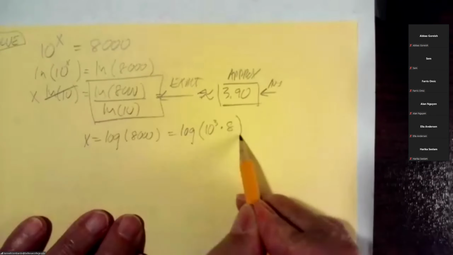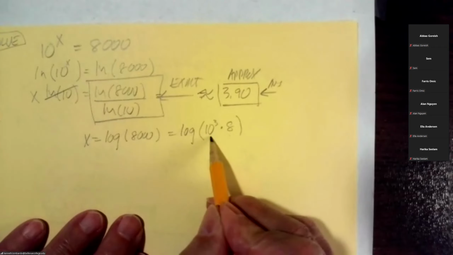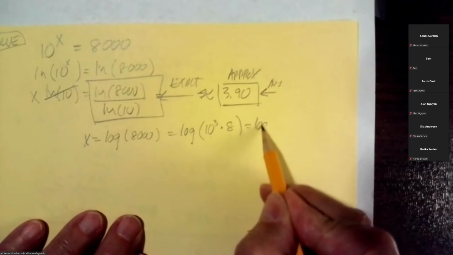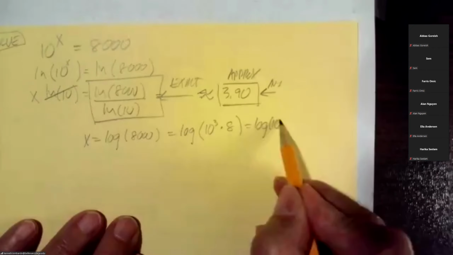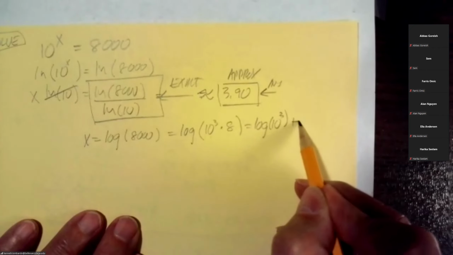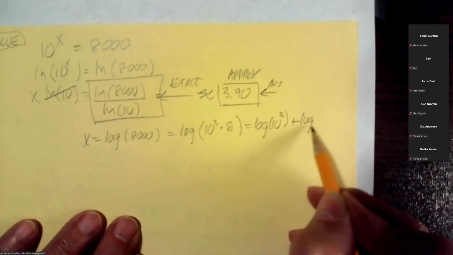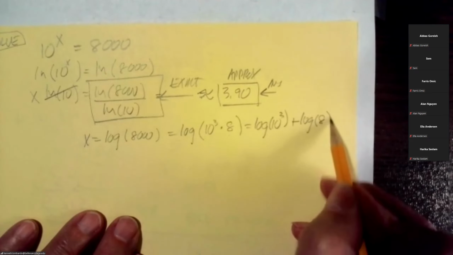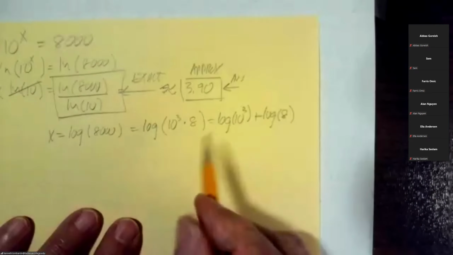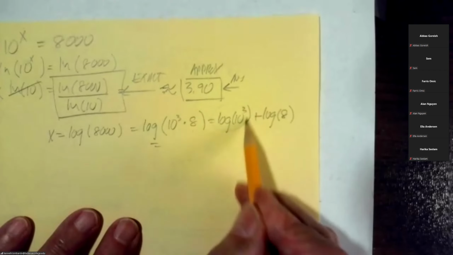And then you said log base 10 of 10 to the 3 plus log of 8. And the first gave you what?